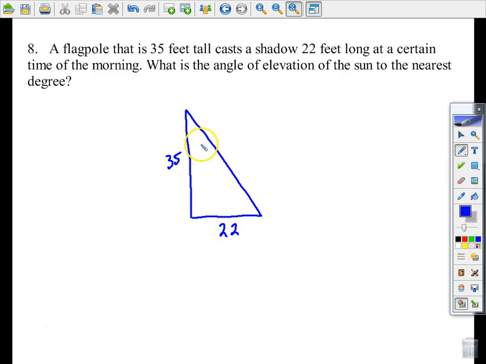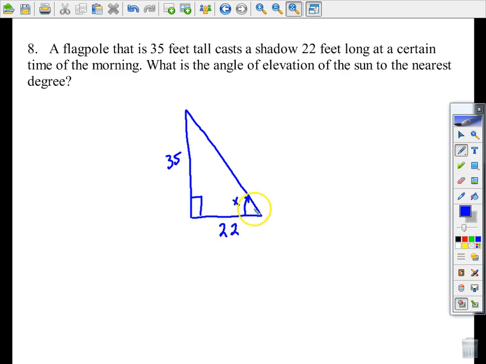Up here, I'm looking down, so that would be considered an angle of depression. Here, I'm on the ground looking up at the sun, so this is an angle of elevation. And that's what we're supposed to find. What is that angle of elevation of the sun to the nearest degree?